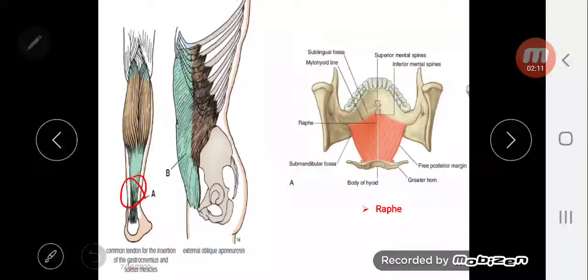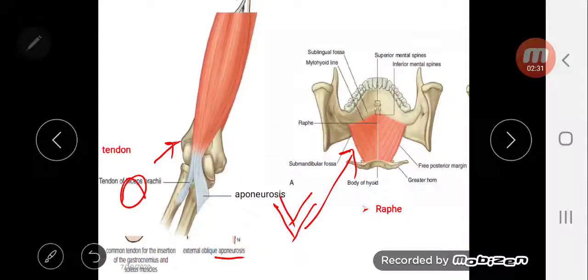Here you can see the tendon of the gastrocnemius and soleus, and here in green color, it is the aponeurosis of the external oblique muscle, and here it is the raphe. Here you can see the aponeurosis, and here the tendon of the biceps brachii.